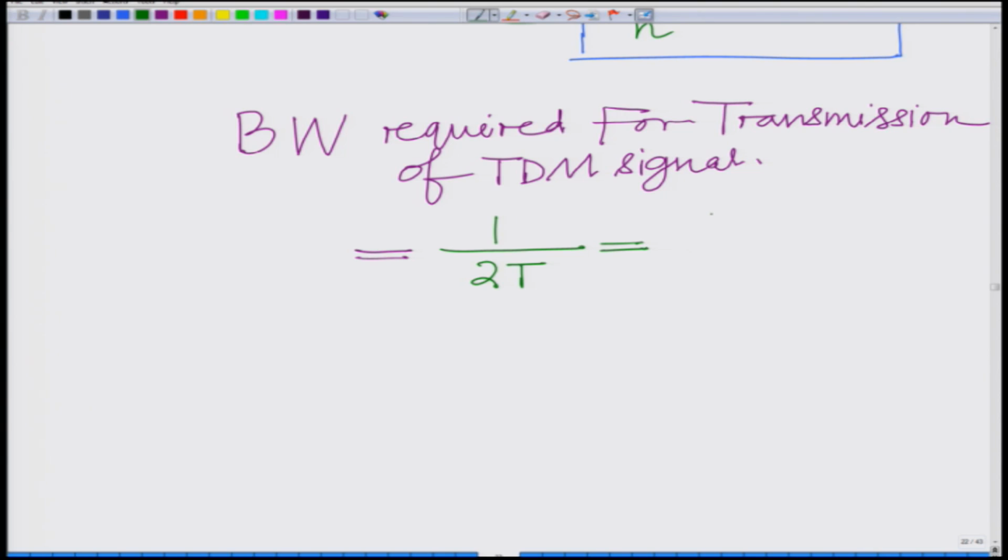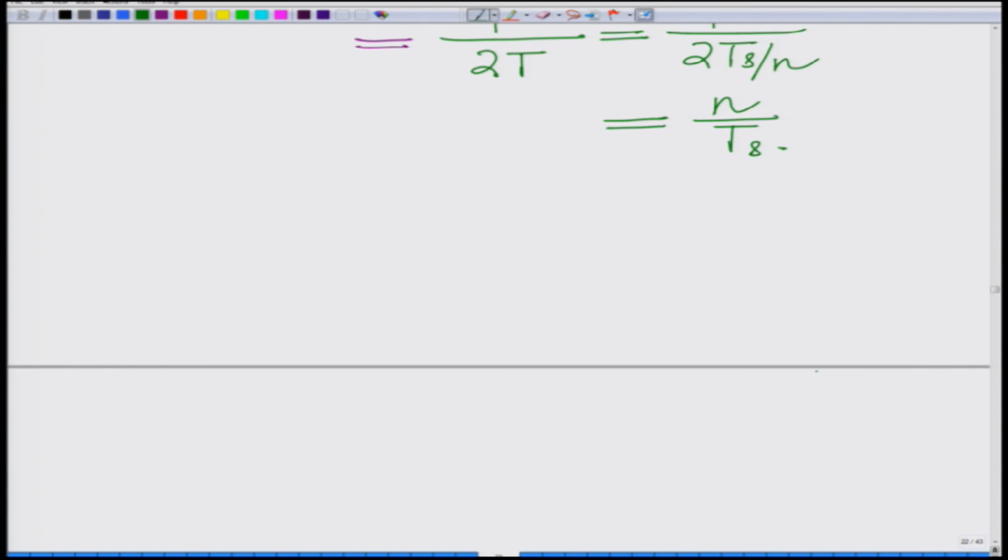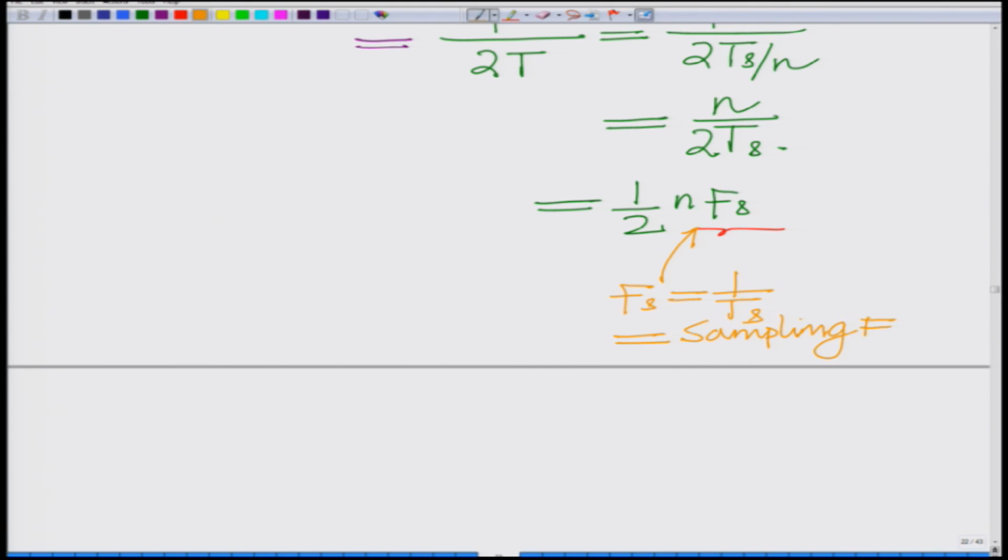We have seen T equals Ts divided by n. So this is 1 over 2Ts divided by n, which is n over 2Ts, which is half n Fs, where Fs equals 1 over Ts, which is the sampling frequency.